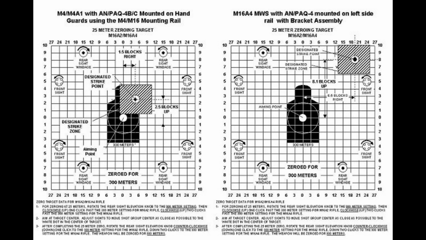From the Small Arms Integration book, this shows an example of the difference in point of impact necessary when using the PAC-4 laser, depending on how you happen to mount it on an M16 or M4 series. The bracket you use and where you mount the thing is going to have a very different effect on what the trajectory is, which is going to change where your point of impact needs to be at 25 meters.